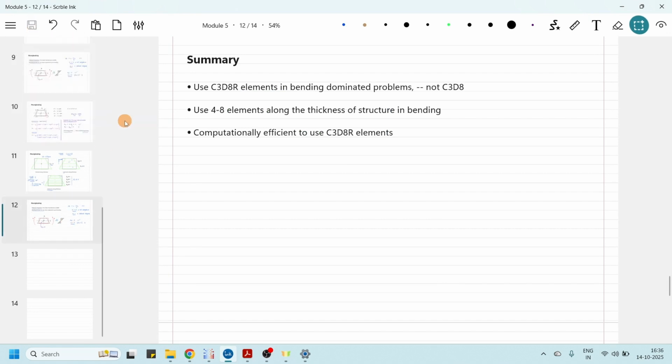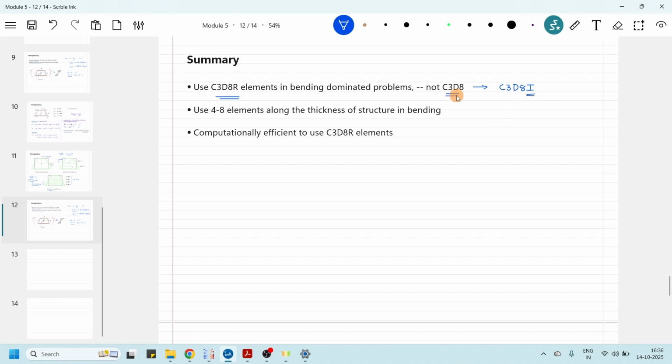So let's discuss the summary of bending dominated problems. As we have discussed, the preferred element type is C3D8R when there is bending, not C3D8. If we want to use full integration elements, we can use C3D8I. I stands for incompatible mode elements.